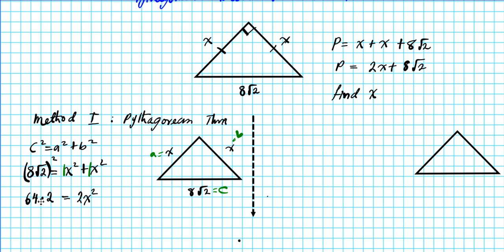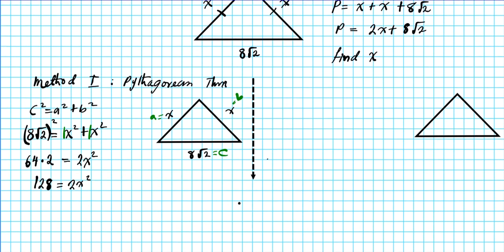Okay, now let's simplify further. 64 times 2 is 128 equals 2x squared. We can divide both sides by 2, and that gives us x squared is equal to 64.